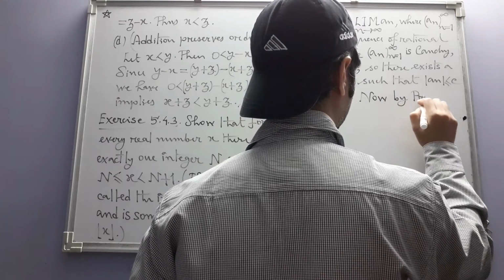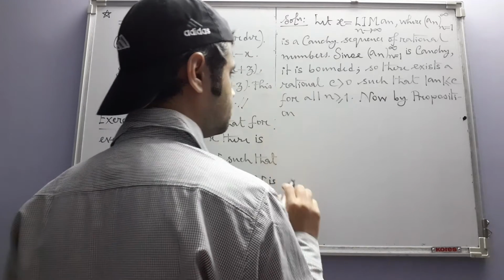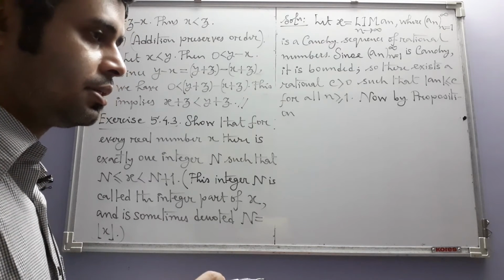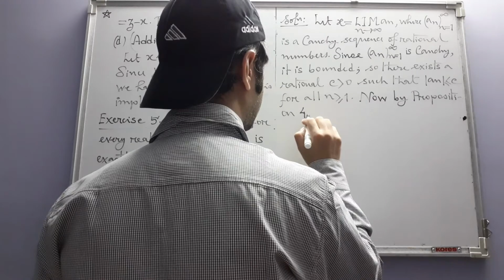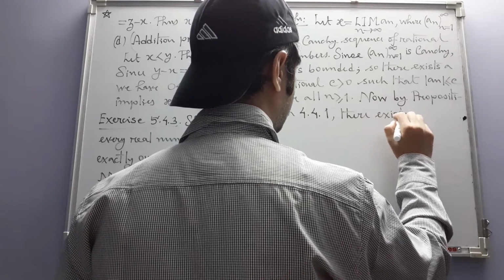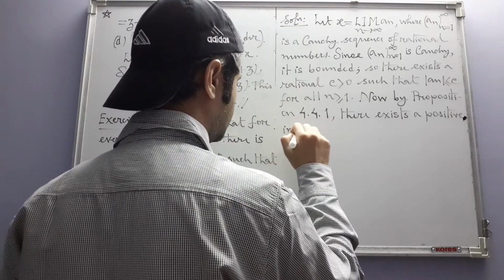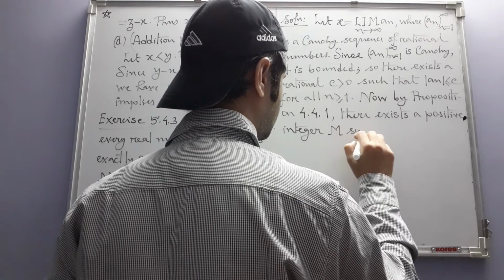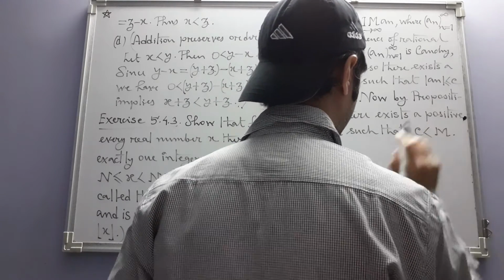By proposition 441, there exists a positive integer m such that c is less than m.